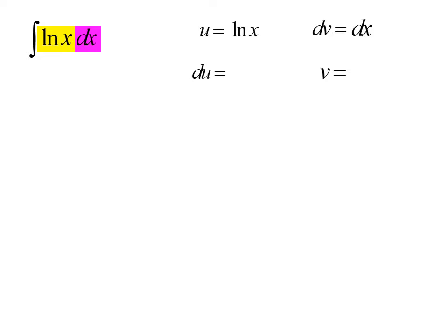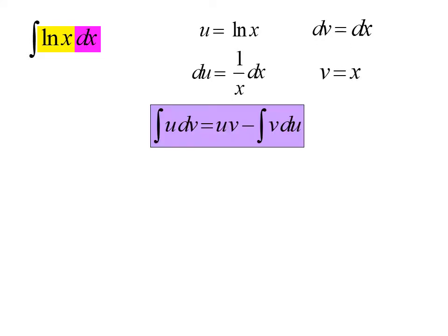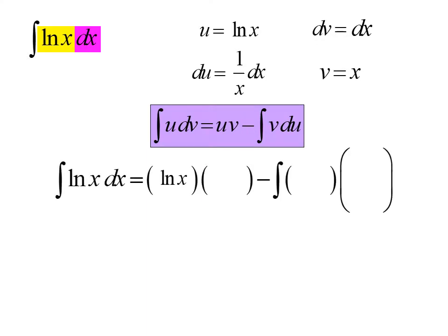So again, whatever we put in the top line, we have to do the derivative of the u and the integral of the dv. And then fill in our formula. Here's the u, v, v again, and du.